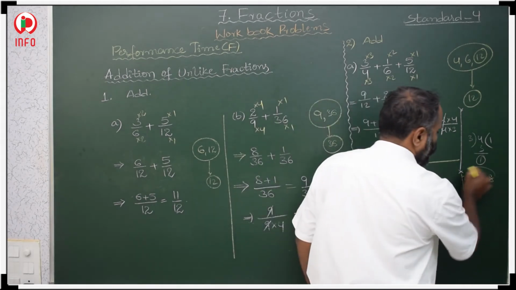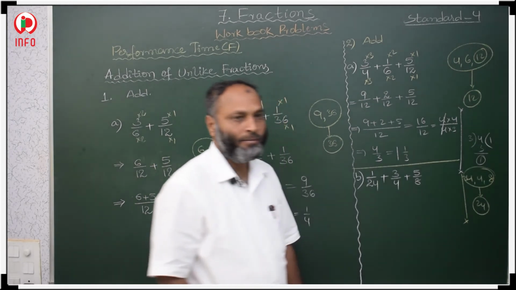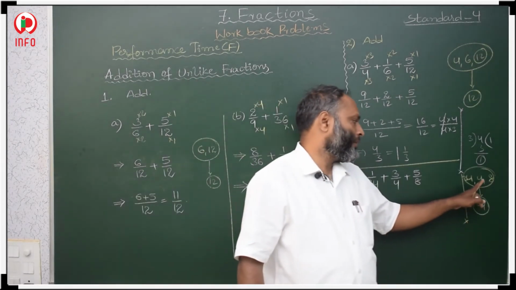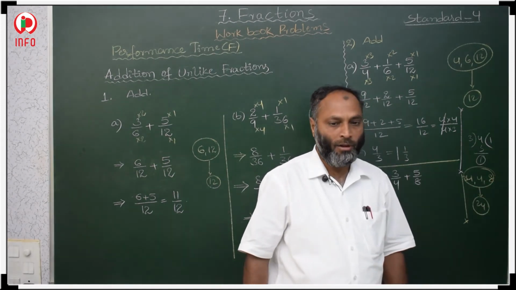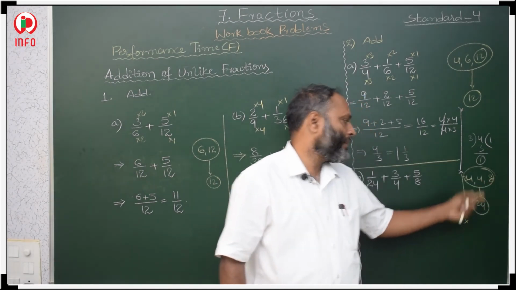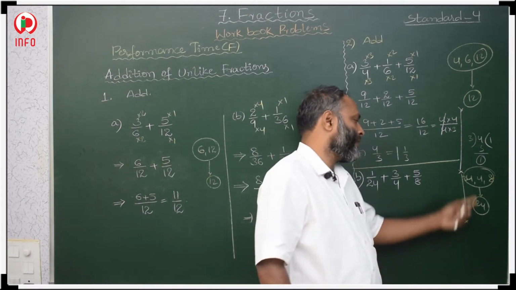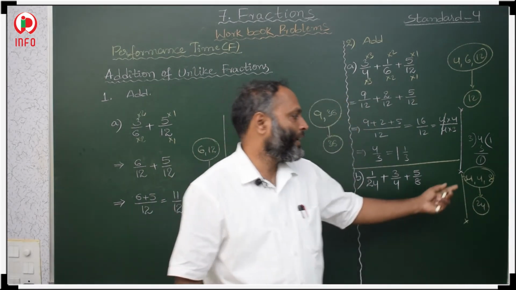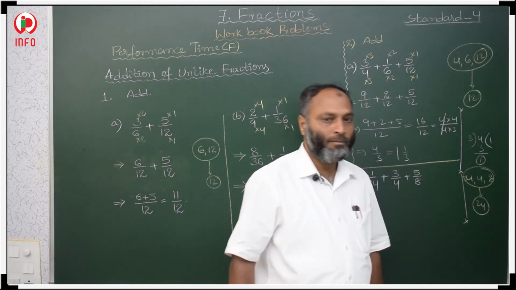It means the LCM of these three numbers is 24. Why 24? Because 4 6s are 24, 8 3s are 24. In the 4 table and 8 table, you are getting 24 as LCM. So 8 and 4 are factors of this 24.